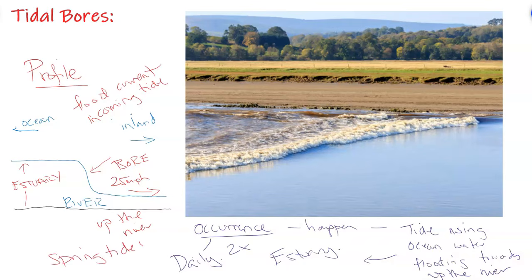This is when the tides are higher than average. This is during a new or full moon, where you have the alignment of the sun, the earth, and the moon. Okay, the alignment which gives the increased gravitational forces.